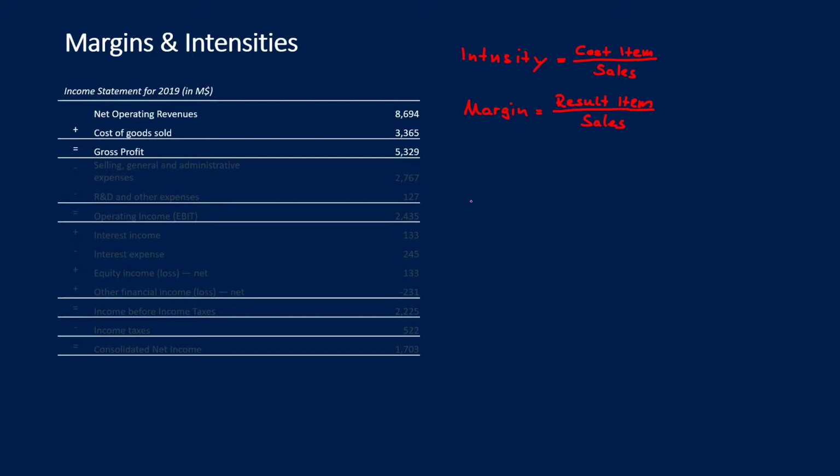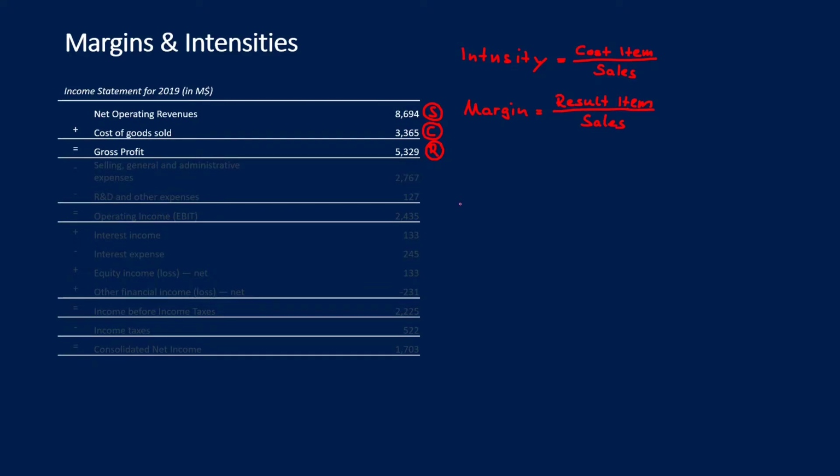So we have one cost item. Cost of goods sold is a cost item. And we have an in-between result, so the gross profit is a result item. And of course we have the denominator sales that we see here. So sales is the denominator of these fractions. Well, let's have a look.